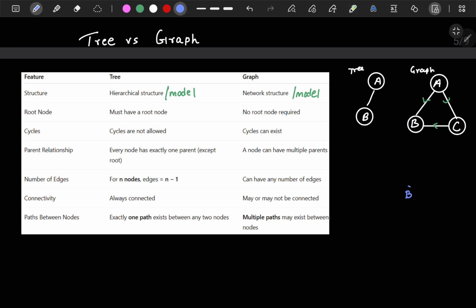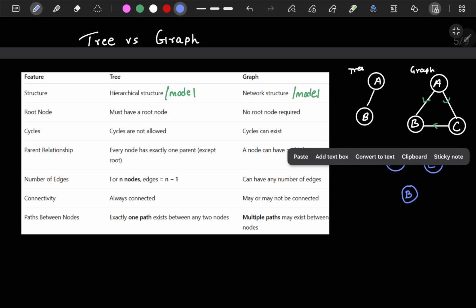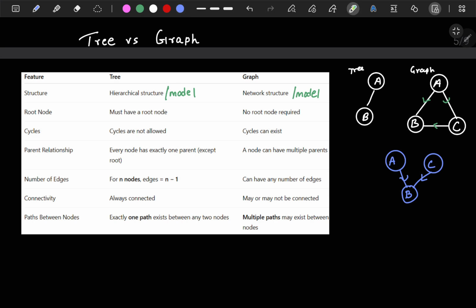There is a B here, and there is A and C. Now according to this hierarchy, you can clearly see A is related to B and C is related to B, and for B, A and C both are like a parent. So this kind of structure is never possible in a tree, but in a graph definitely. So that's why they say it can have multiple parents.